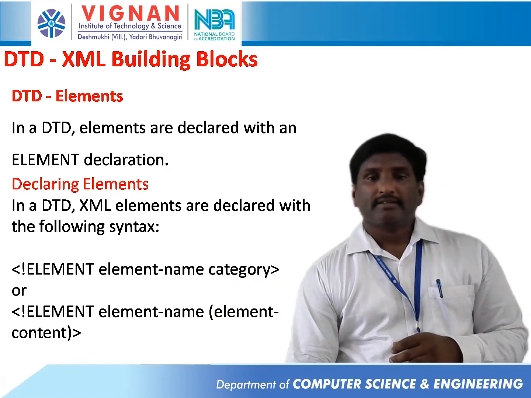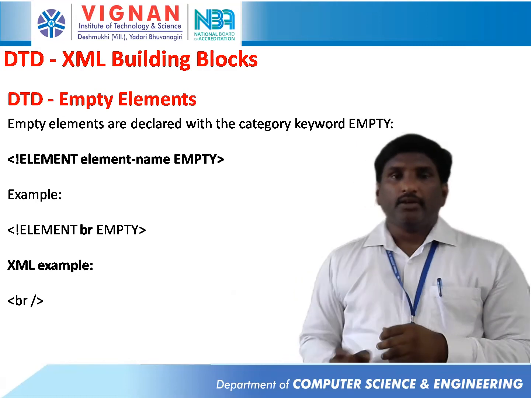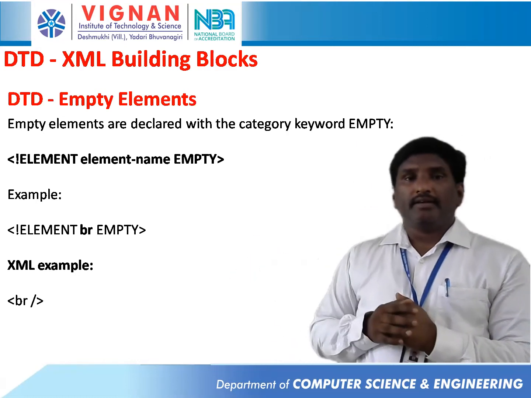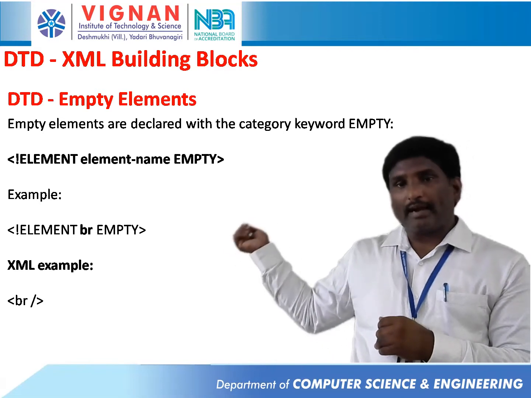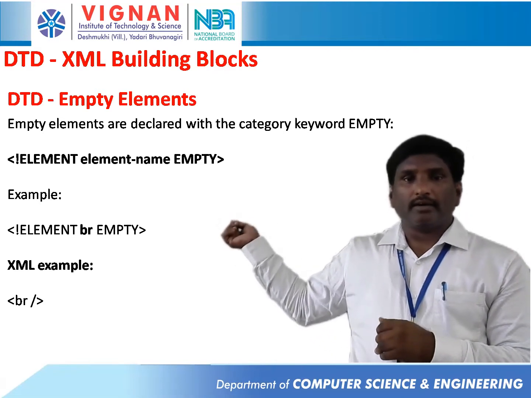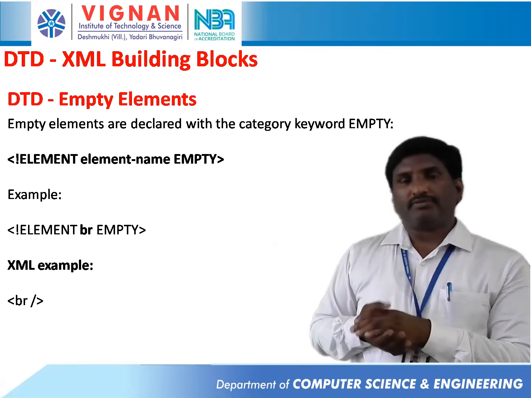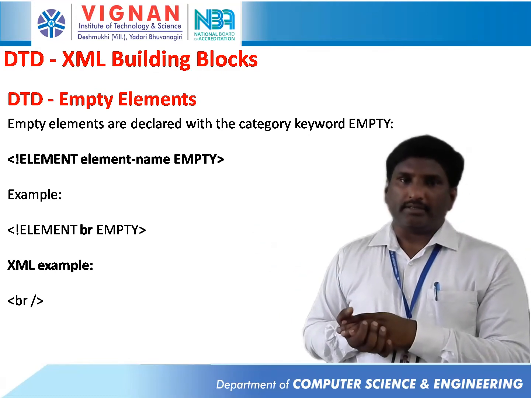PCDATA, or sub-elements, that will be specified. So that category will specify. Here the elements are declared with the category keyword EMPTY, so there is no textual information between the element tags.